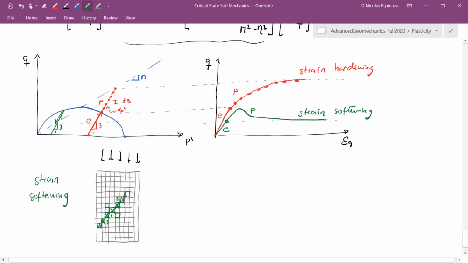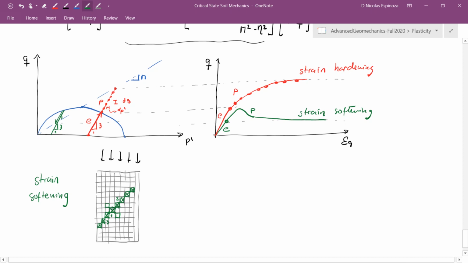And this is going to continue until that process of failure goes into a single trend aligned with the direction of the stress loading and the shear loading.